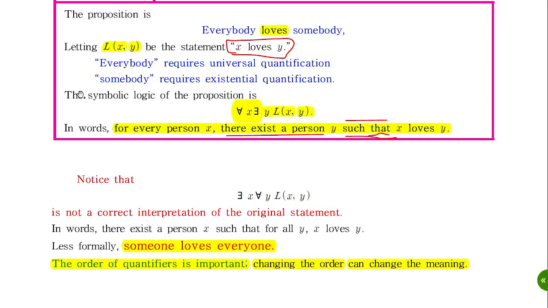Okay, here the symbolic logic of the proposition is for all x there exists y such that L of x,y, which means for every person x there exists someone y such that x loves y. That's what it says. There exists a person y such that x loves y. That's what this sentence says.